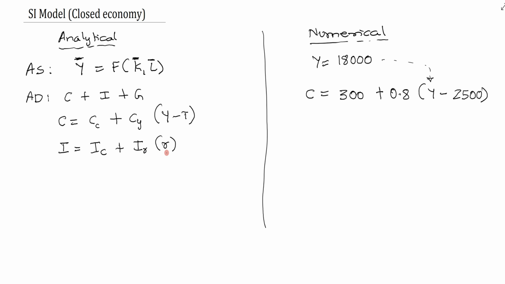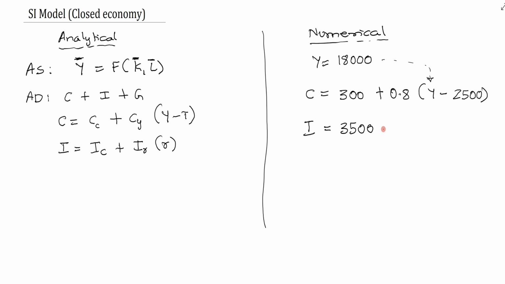As interest rates are high, the cost of borrowing is higher, and there is less incentive for businesses to undertake investment activity. Again, we'll make an investment function numerically. Let's say the autonomous part of investment is 3,500, meaning this is the amount of investment that is not related to the interest rate.